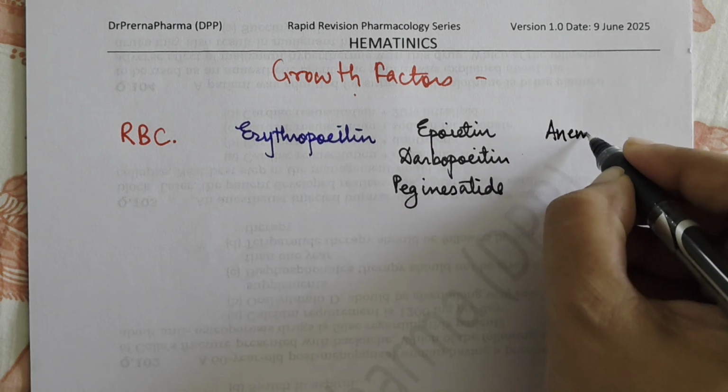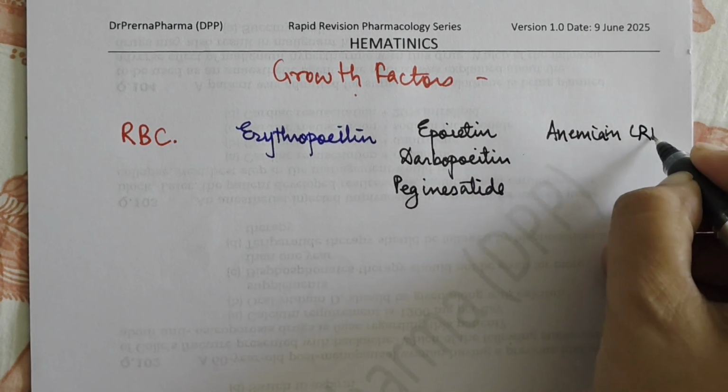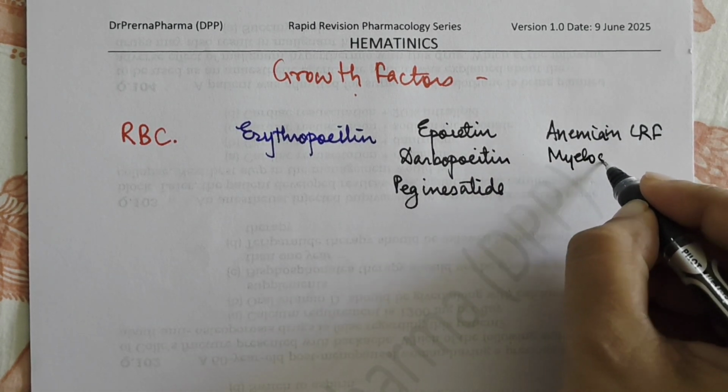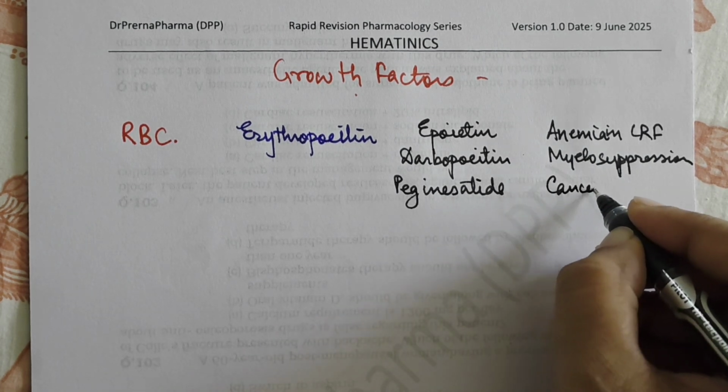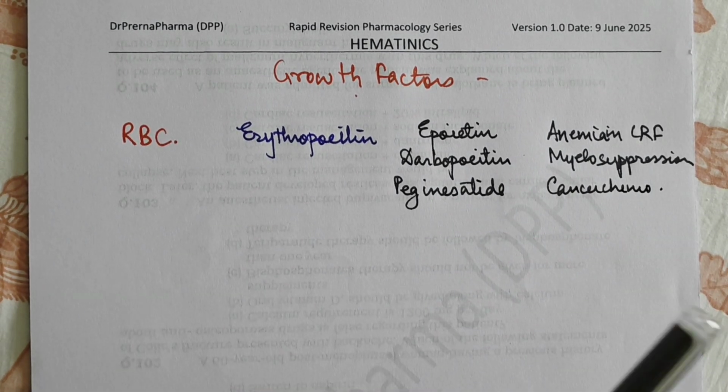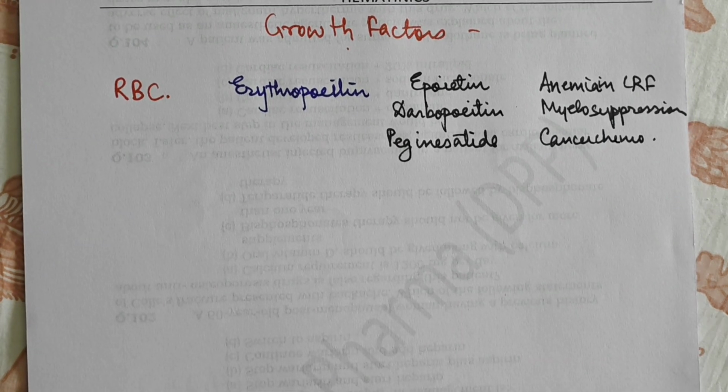The indications are anemia in chronic renal failure, myelosuppression and also cancer chemotherapy. So these are the growth factors of RBCs.